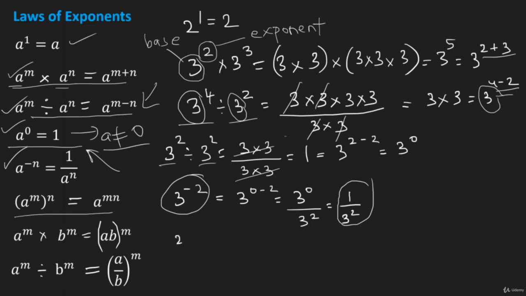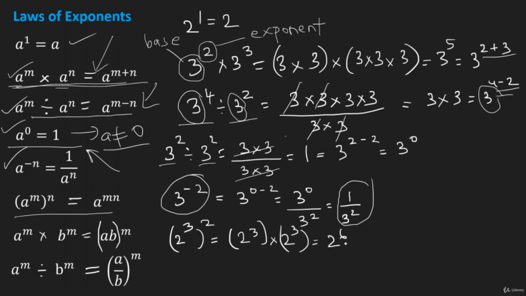Say you want to do 2 cube the whole square. Now that is equal to 2 cube into 2 cube. Over here you can see that the base is the same. Based on this law, the first one over here, I can see a to the power m into a to the power n is equal to a to the power m plus n. So over here I will get 2 to the power 3 plus 3, or 2 to the power 6.